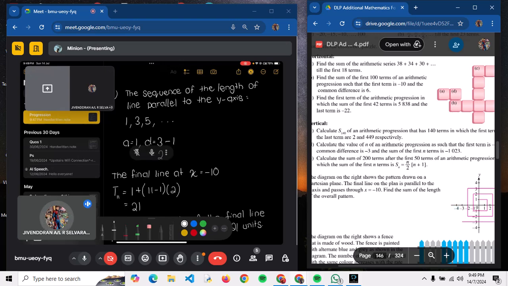So they say the first part is the sequence of the length of the line parallel to the y-axis.